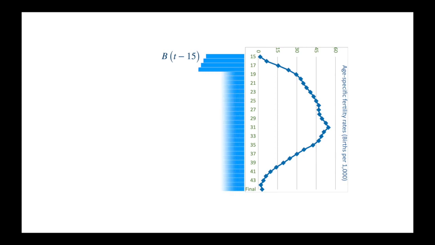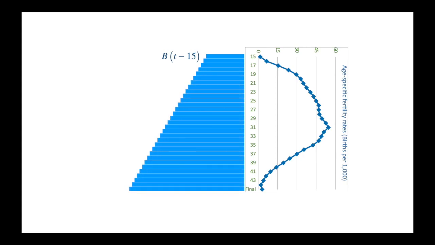We can see the first data point came from women aged 15, so it would be down to the women who were born 15 years ago, which is t minus 15. The second data point would be down to women born 16 years ago, and so on. You can see the peak occurs around the age 30, and the last entry represents all ages over 45.